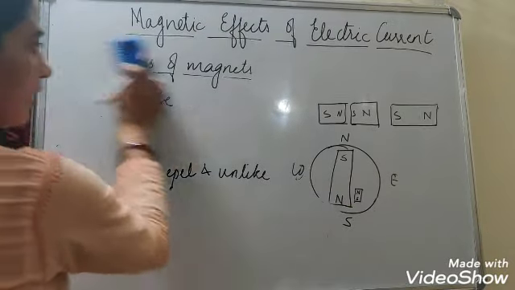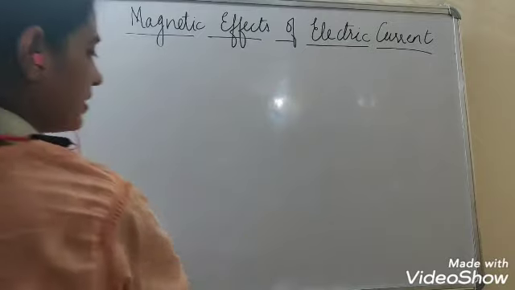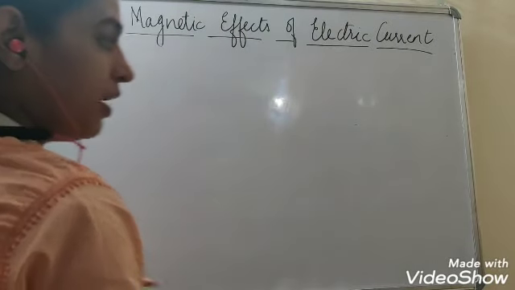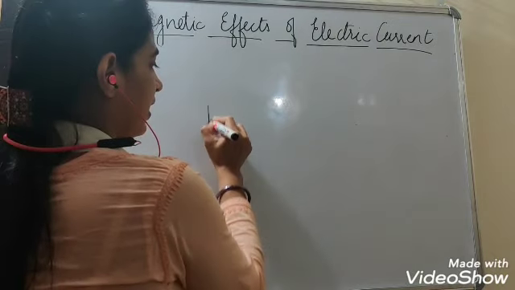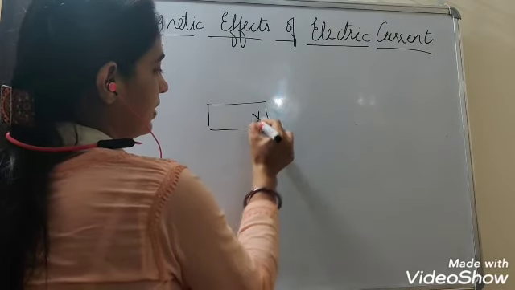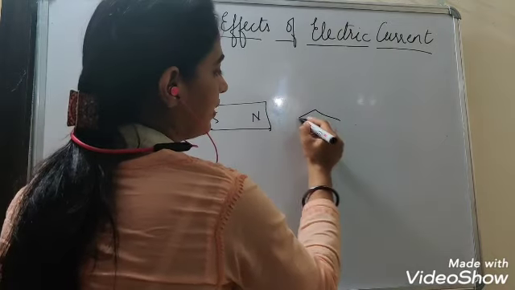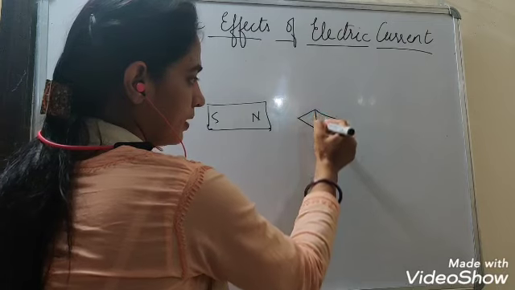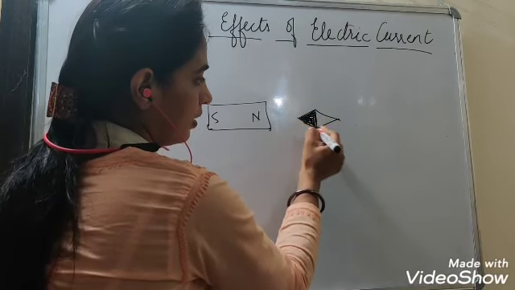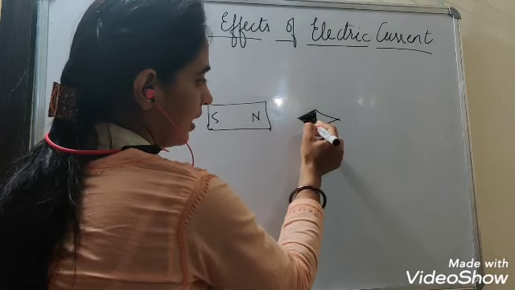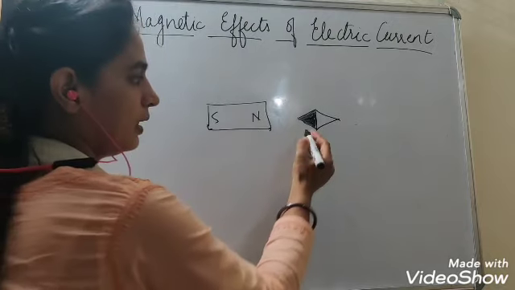And then I told you that the magnetic field is the region around a magnet where its influence can be felt. If I keep a magnet over here, let us say this is the north pole, this is the south pole of the magnet, and if I bring a magnetic compass over here, let us say this is the north pole of the compass. The darker or red painted side is generally the north of the magnetic needle.